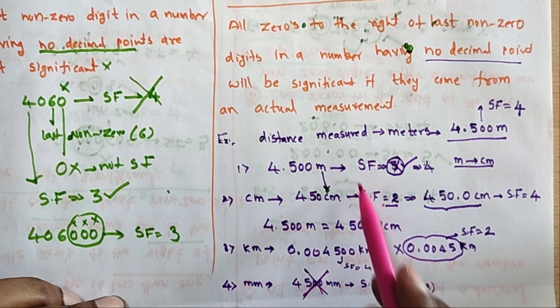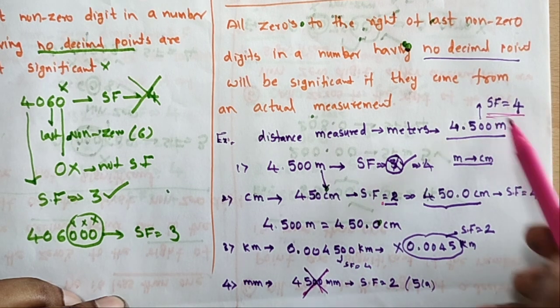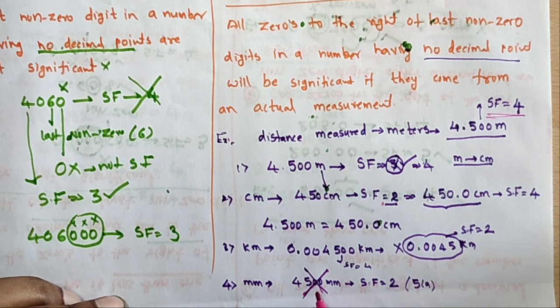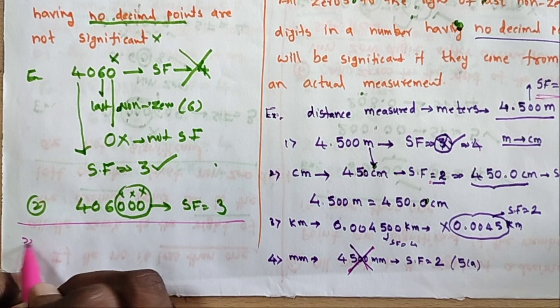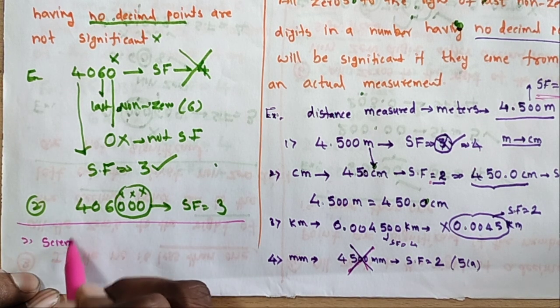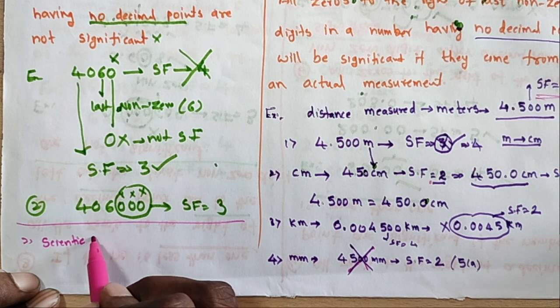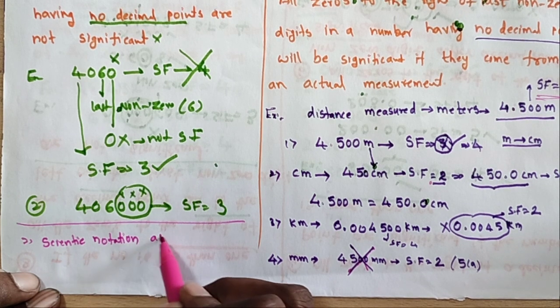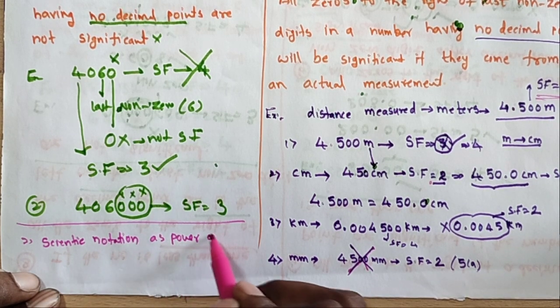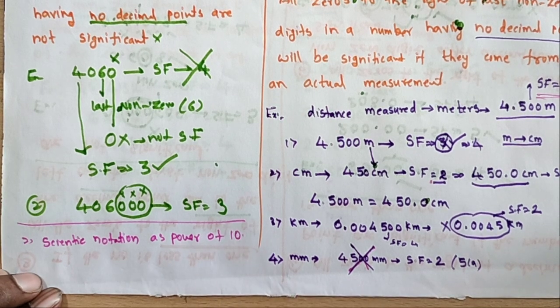Centimeters, kilometers and meters you can write with the significant figures very easily, but millimeter is not written like this, because very large and very small quantities of physical measurement are usually expressed in scientific notation, using a power of 10.